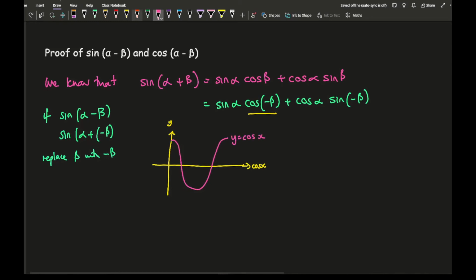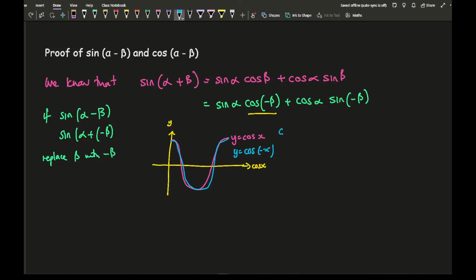Now if I was to then plot y equals cos of minus x, or in this case minus beta, remembering our graph transformations, all we're doing is reflecting in the y-axis. If I reflect that graph in the y-axis, you can see that the two curves, unlike my diagram, are actually going to be exactly the same.